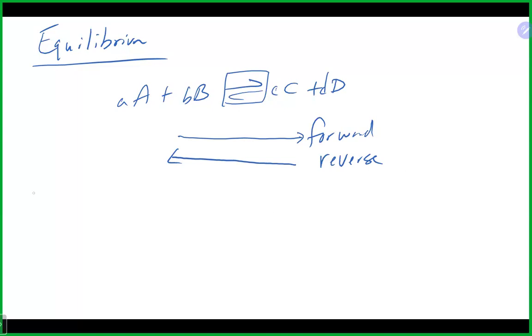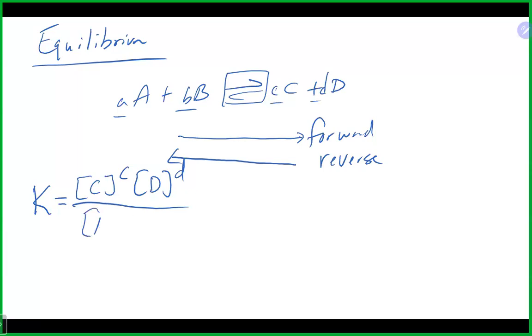And we can write an equilibrium expression here, which is capital K. And that is the concentration of C to the c, D to the d. We take it to the coefficients here. And it's products over reactants. These do need to be equilibrium concentrations to go into here. The K value is just a number, no units.